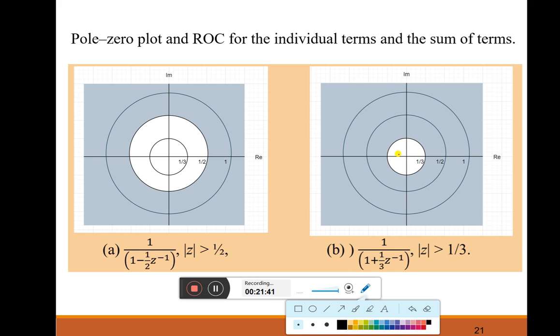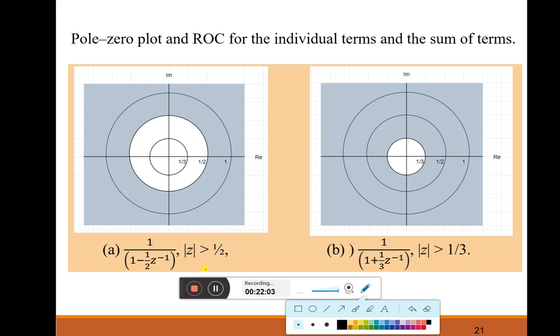Now if we say that the first region, for the first pole, katakanlah semua ni right-sided sequence, so means that dia punya lorekan tu mesti luar daripada circle atau luar daripada pole.